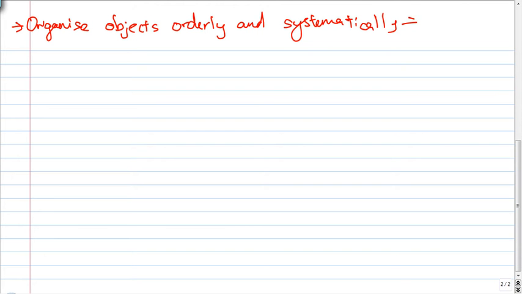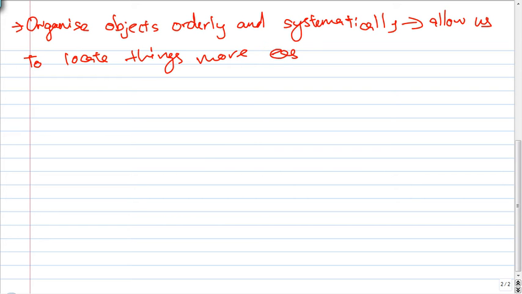This is to allow us to locate things more easily. A great example would be a dictionary: you flip it open, and letters starting with A will be grouped together. After A would be B, C, D, E, F and G, so on and so forth.